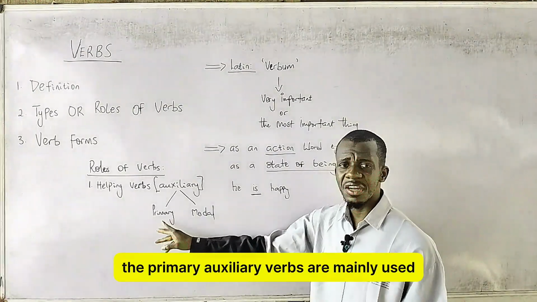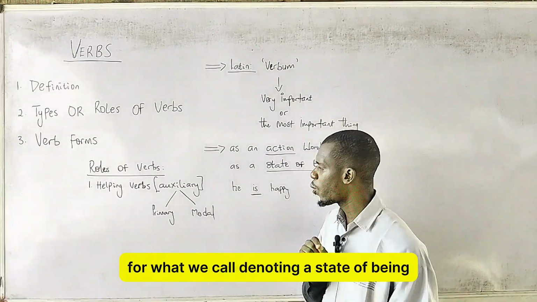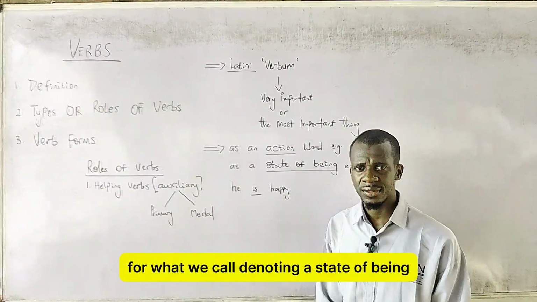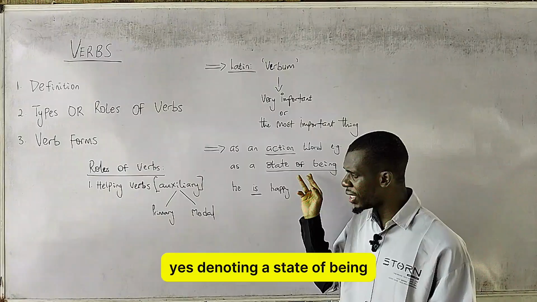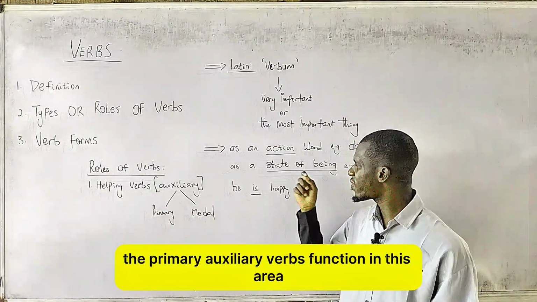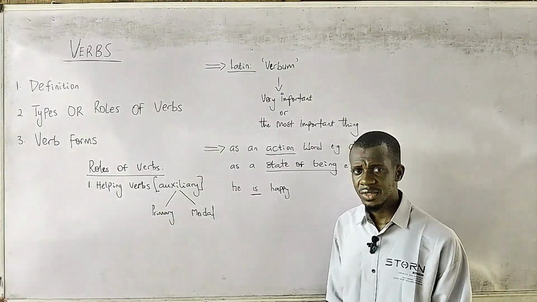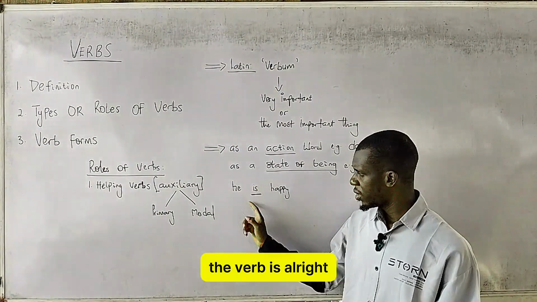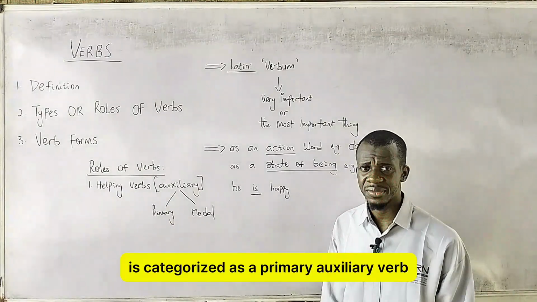Good. Now, don't forget I said the auxiliary verb is of two categories: primary auxiliary and modal auxiliary. The primary auxiliary verbs are mainly used for what we call denoting a state of being. Yes, denoting a state of being. The primary auxiliary verbs function in this area more often. Just like I showed you here, the verb is is categorized as a primary auxiliary verb.